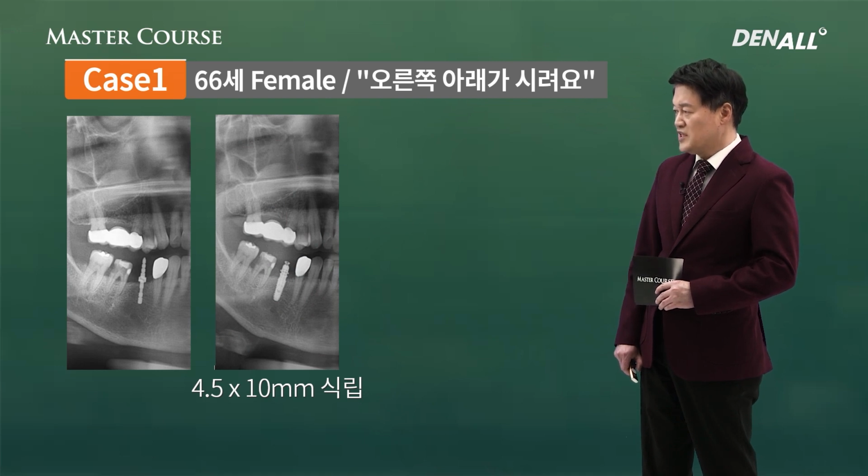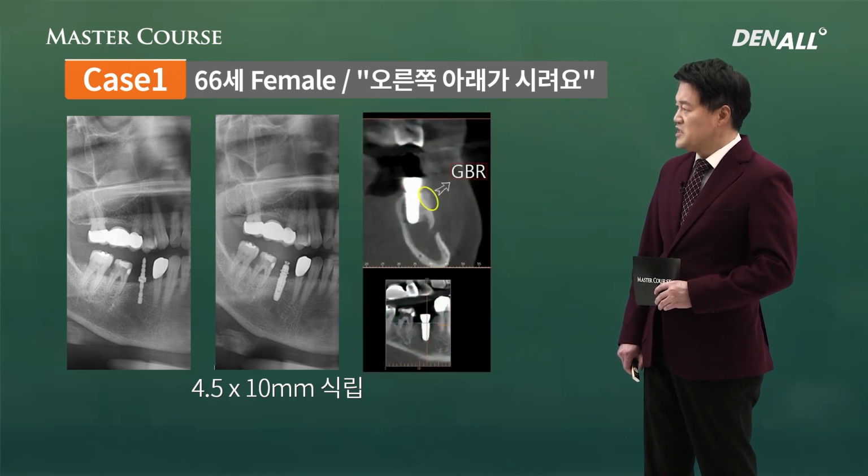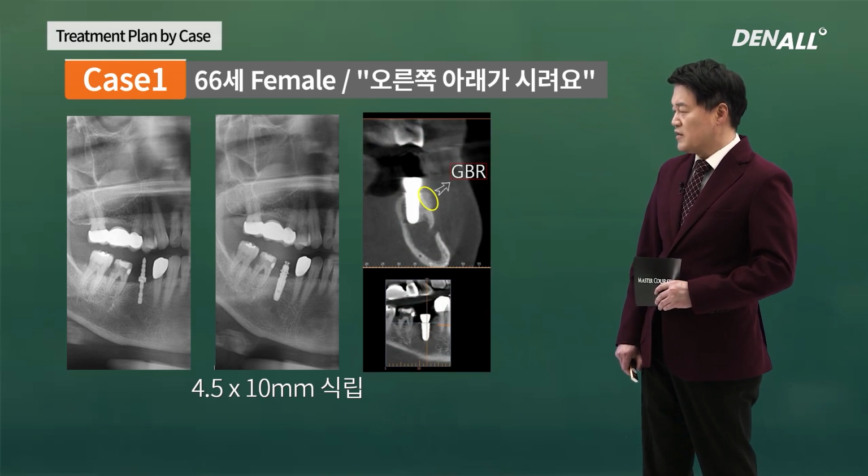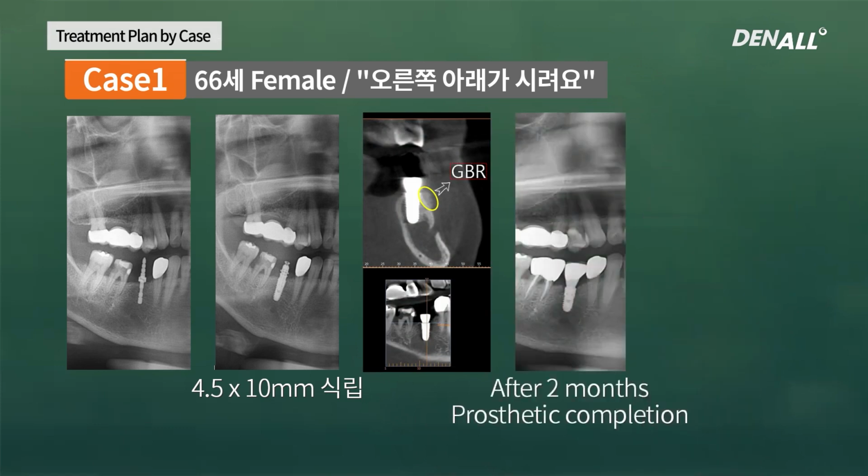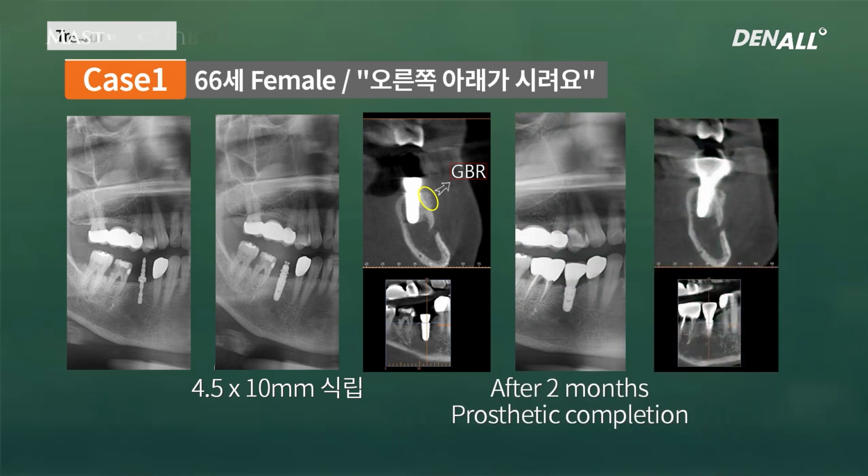Thickness 4.5 and length 10 millimeter. The fixture was placed, as you can see on the CT, on the buccal. GBR was done. After 2 months, the prosthesis was completed and CT was taken. You can see that the area where GBR was done looks stable.